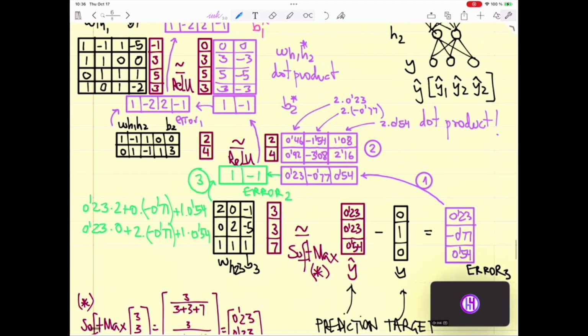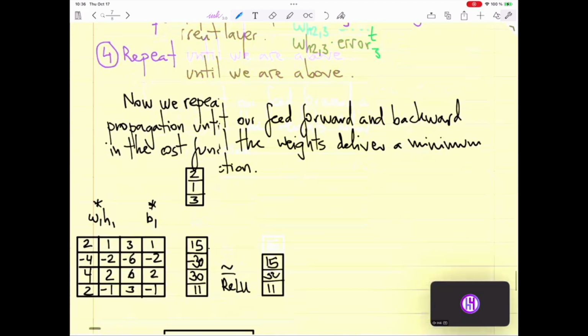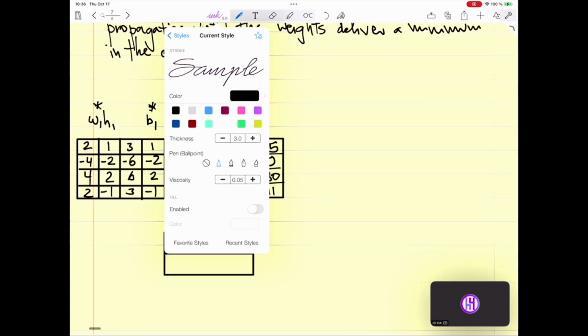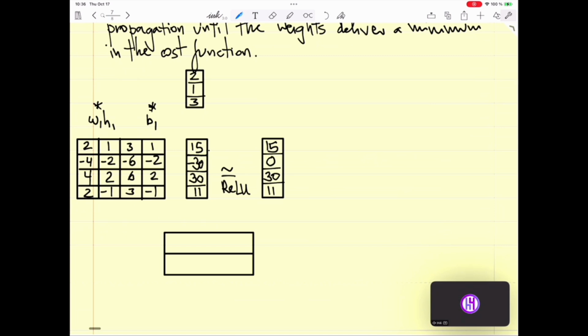So 0, 3, 5, W H1 H2 star, and then 1, B2 star, and then 0, minus 3, minus 5, minus 3, minus 1.